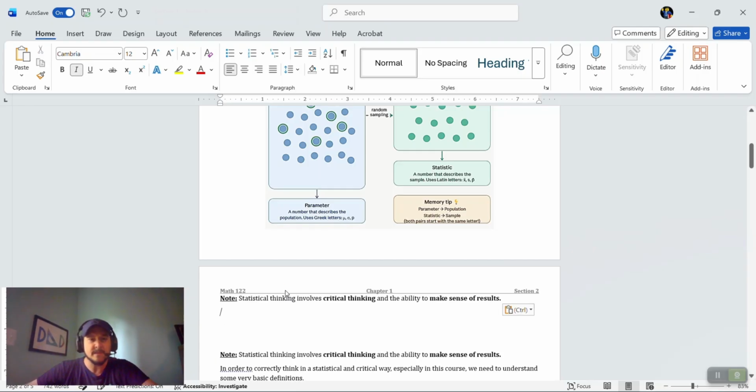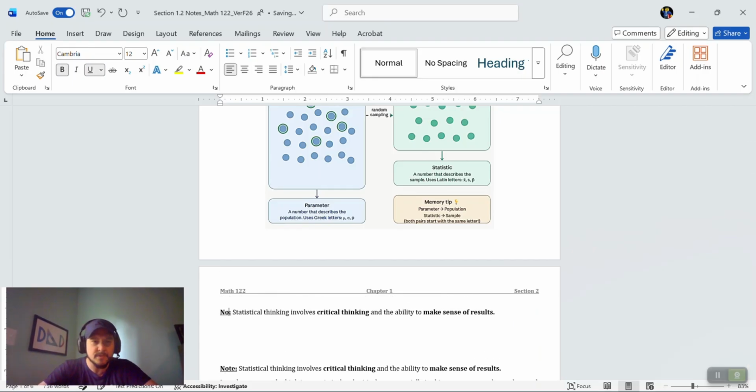I'm going to copy and paste this, and I'm going to change this from note to example. I'm going to take an example from our textbook.